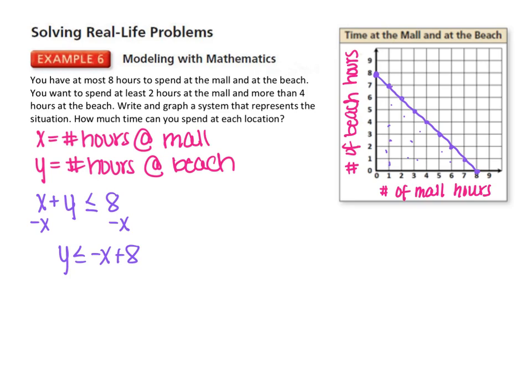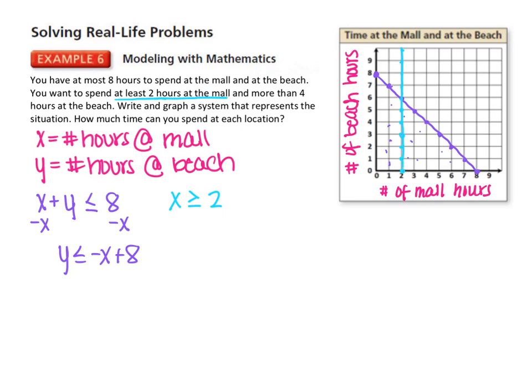I have another inequality that talks just about the time I can spend at the mall. At least 2 hours at the mall. So x, my mall hours, has to be greater than or equal to 2. Right? At least 2 hours. So I graph where x is 2. That ends up being that vertical line, and I want all of the things greater than or equal to 2.